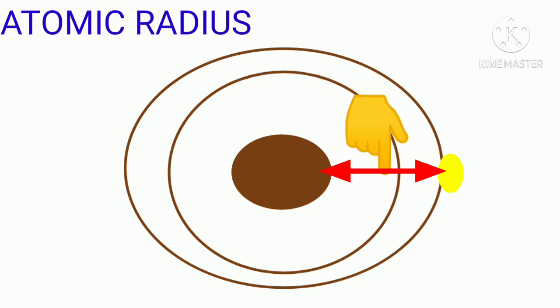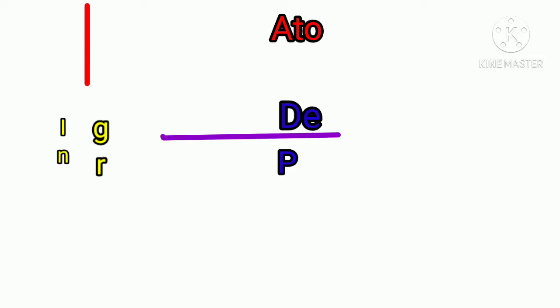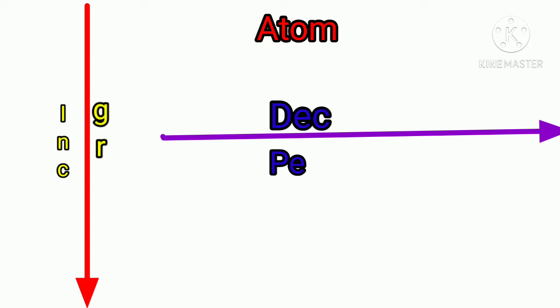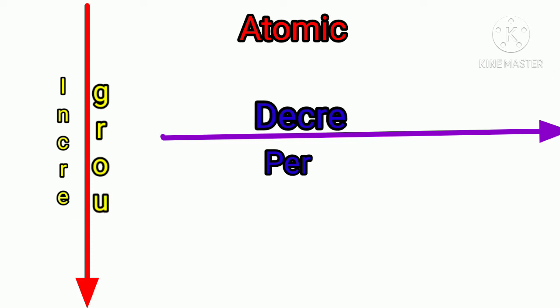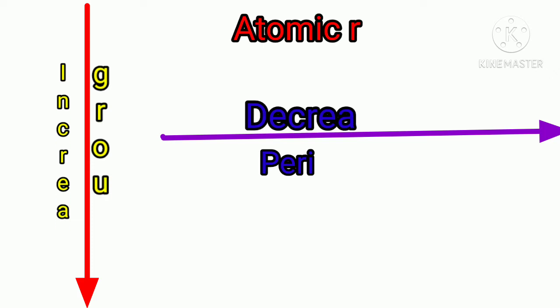How does atomic radius increase group wise and decrease period wise? That is simply explained. Group wise means top to bottom. The red arrow indicates group wise, so atomic radius increases group wise. The violet arrow indicates left to right.